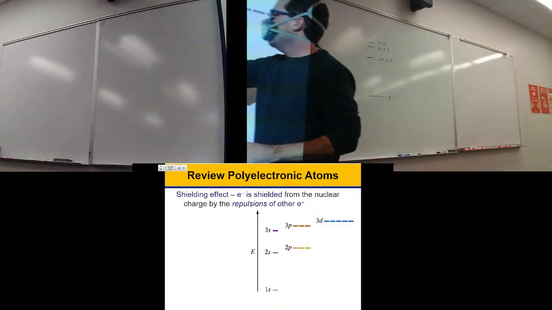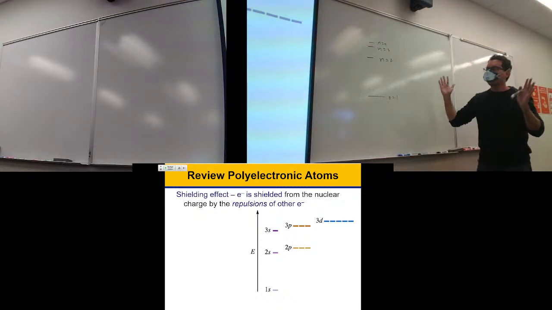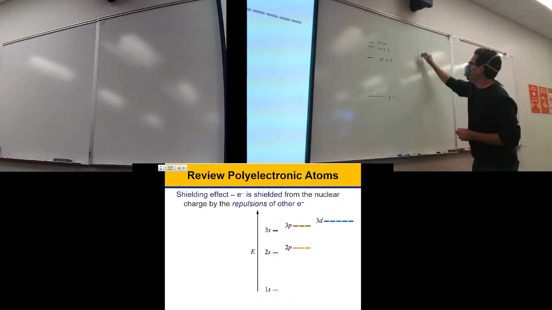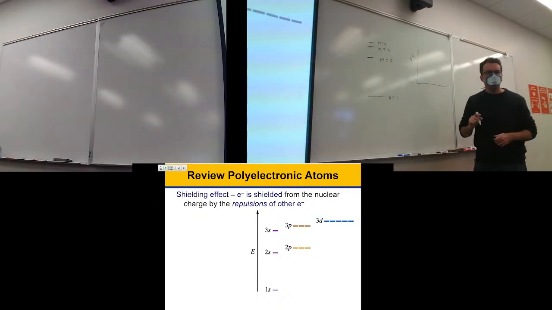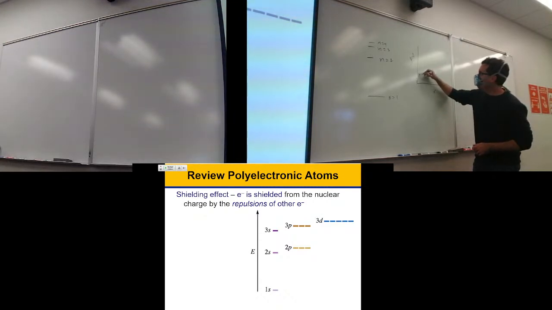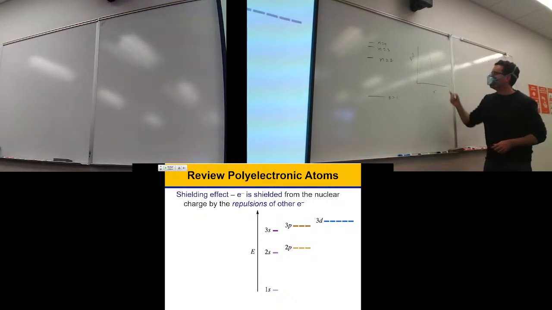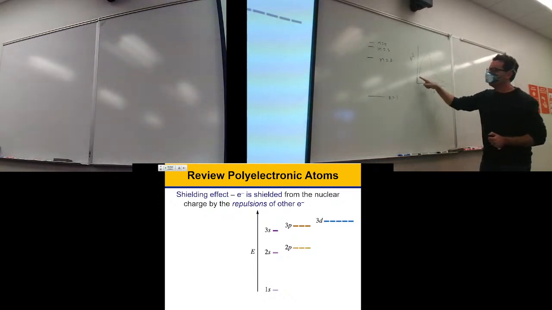If you remember, though, you don't have to remember them, but in some of the slides we showed you this psi squared, the probability of finding the electron, and here was the radius, and we saw these graphs that kind of did like this. What this is telling us is, how likely are you to find the electron close to the nucleus?